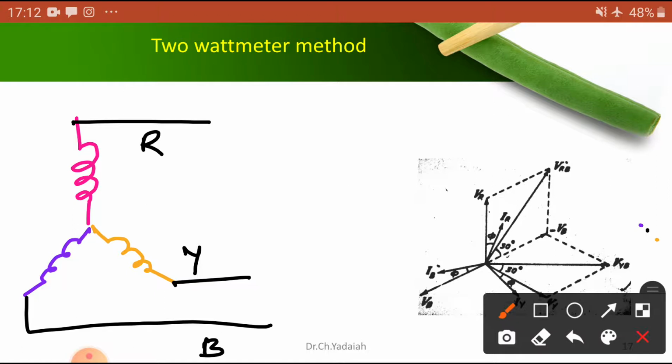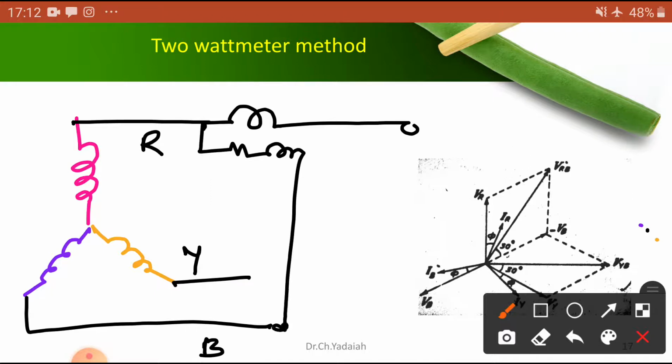Now I am going to connect here. One CC coil is in the R phase and the PC coil is connected to the B phase. Here I connected the CC coil and connected the PC coil across this one.